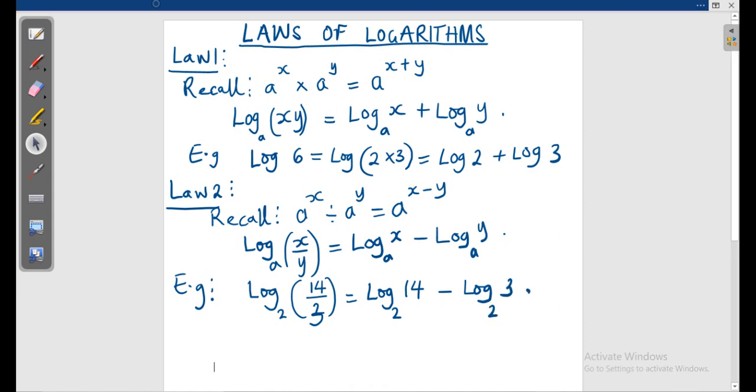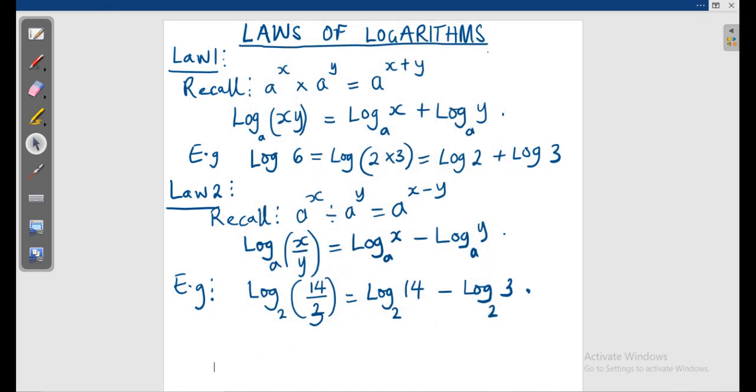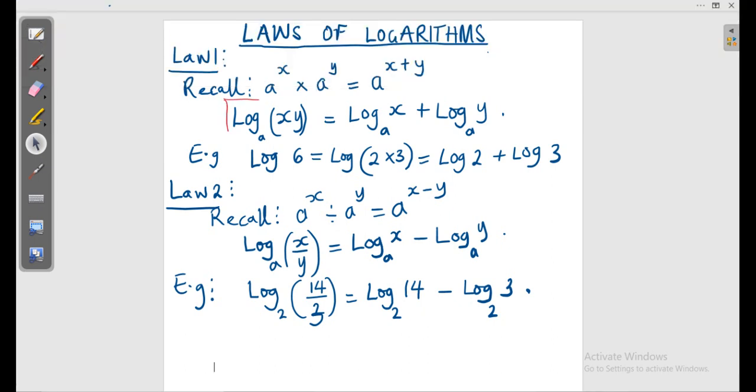So these are the first two major laws of logarithm that you are advised to know. Good. So let's put them here.